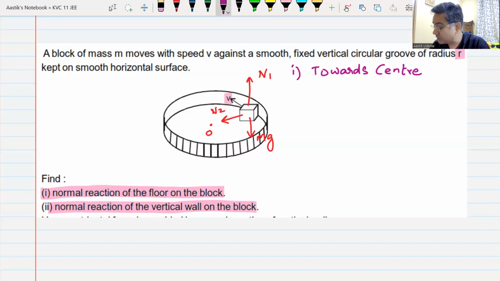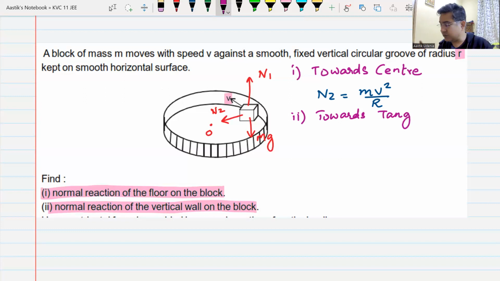The net force towards the center is N2, and that must be equal to the centripetal force mv square by r. I make the second equation, which is towards the tangential direction. In the tangential direction, there is no friction, there is nothing.